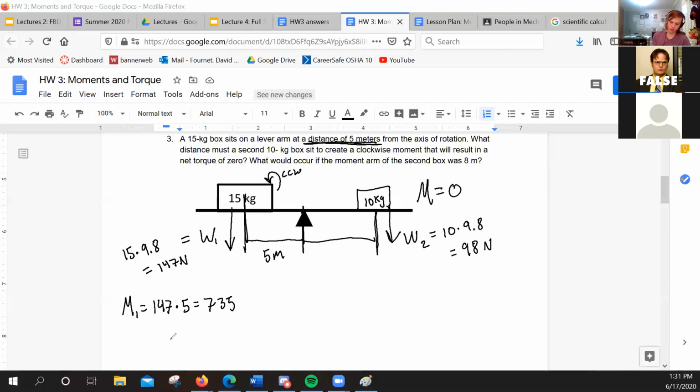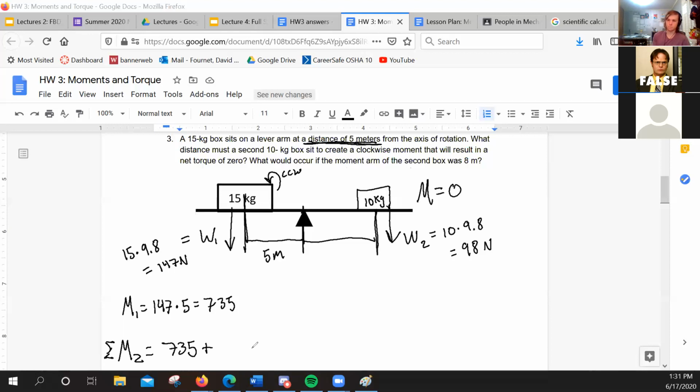So we'll start our sum of moments about z calculation down here. The sum of moments z equals 735, because that's what we just found, plus, what are we going to add?